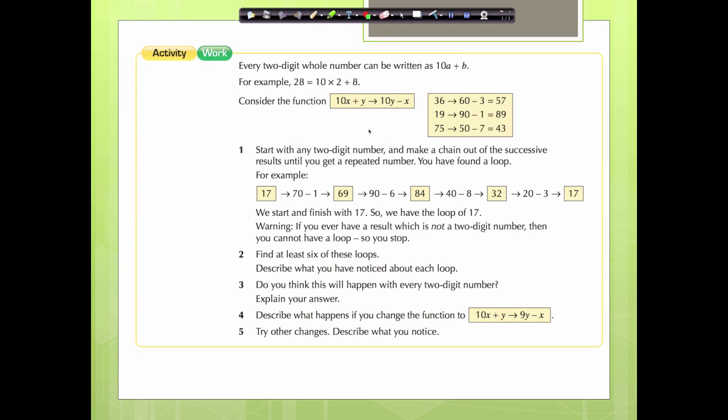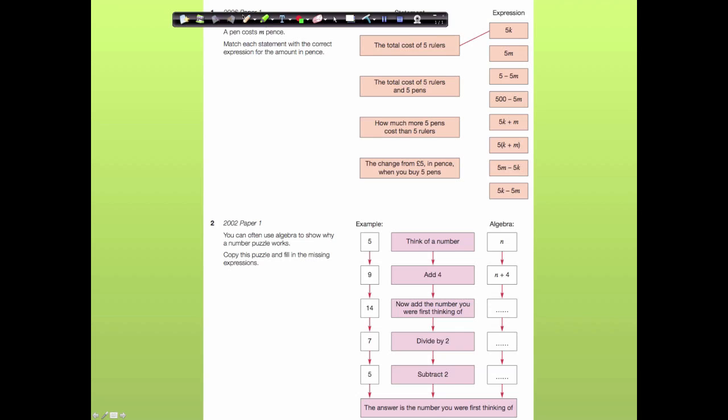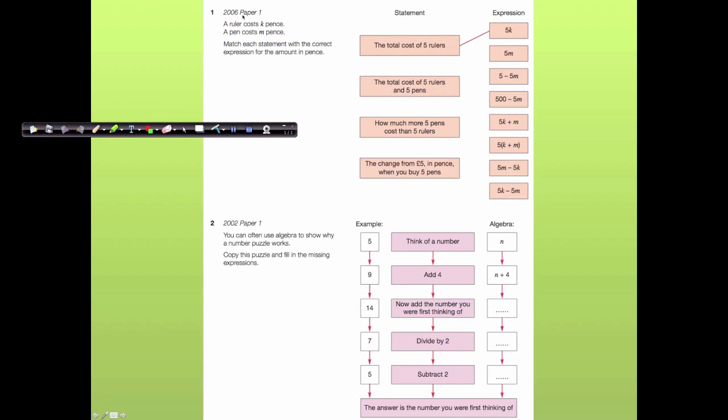Okay, let's move this. Here we've got some SATs test questions. This isn't compulsory for you to do, but if you want to have a go at them, then you're more than welcome to. I thought I'd just put it up anyway, so you can get an idea of what the questions would look like, or when you come to do GCSEs or any other exams that you might be doing in the future.